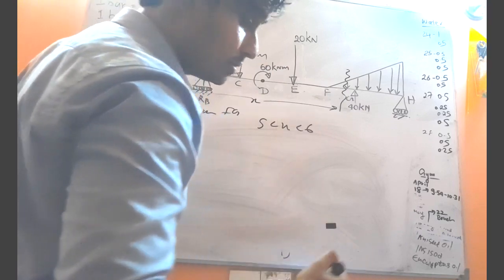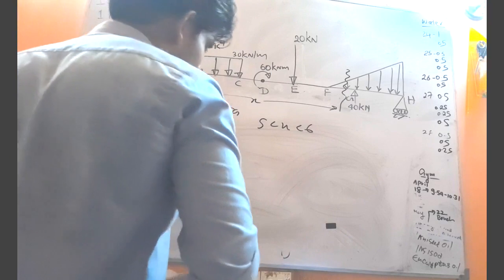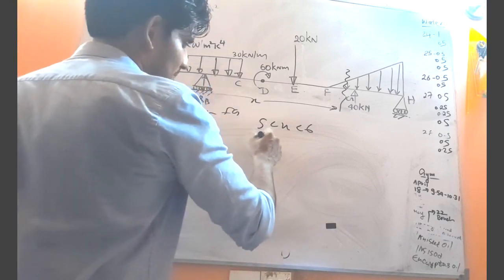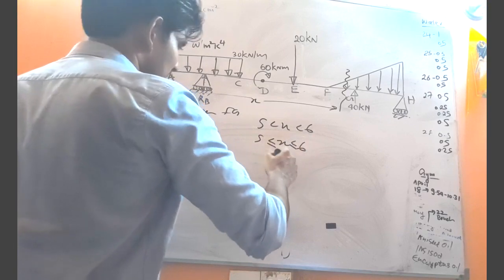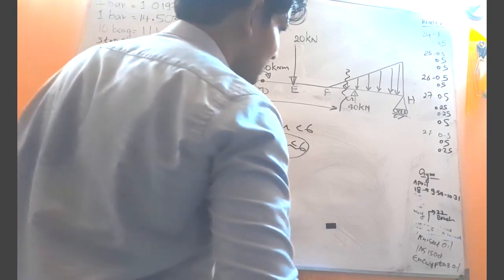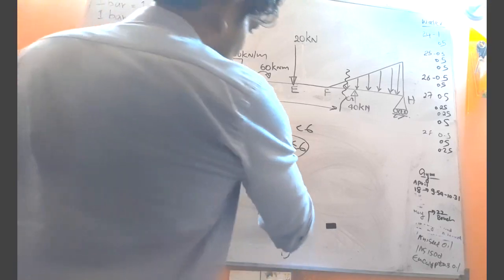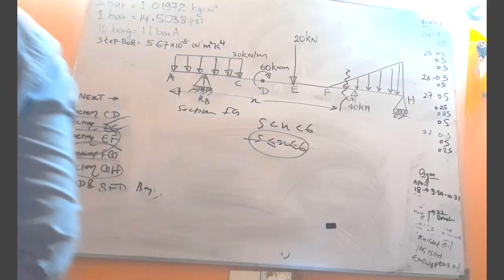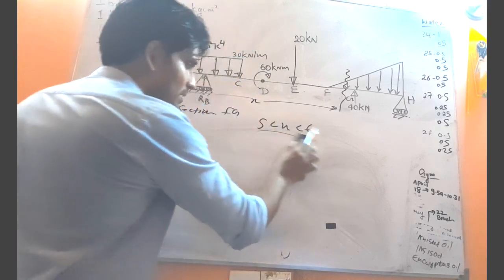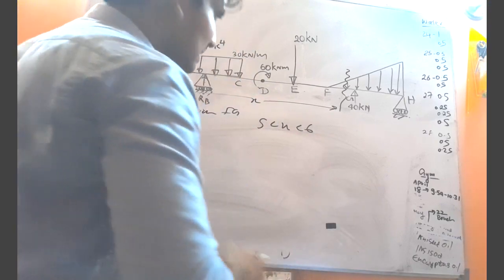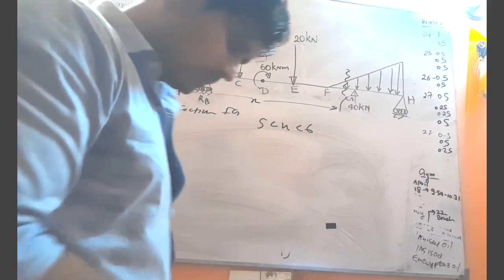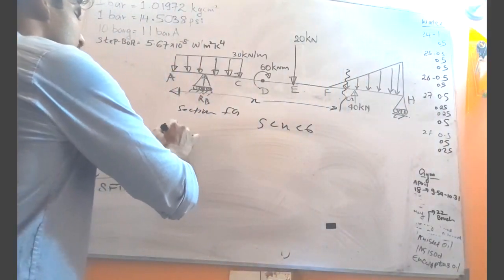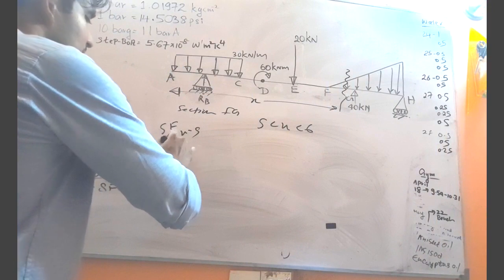Previously also I have told you, sometimes we can write this like 5 less than or equal to x less than or equal to 6. But I think it will not be nice to define the section like that, because later we are separately going to find the exact shear force at x equals 5 and the exact shear force at x equals 6.